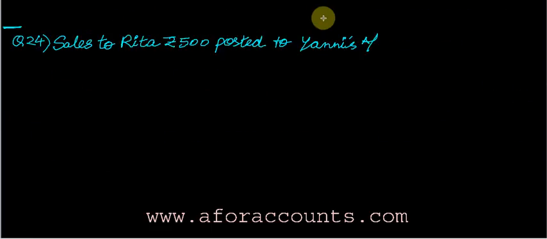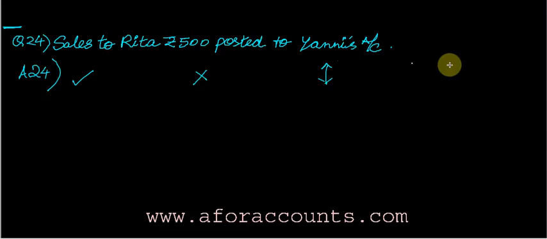Sales to Rita, rupees 500, posted to Yani's account. Sales to Rita: right entry, wrong entry, reverse entry and rectified entry.